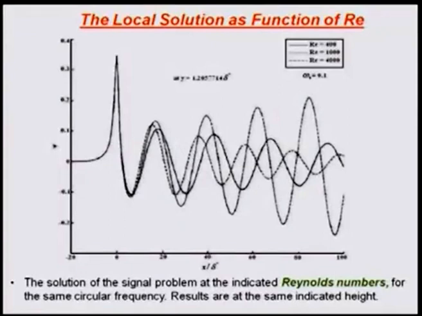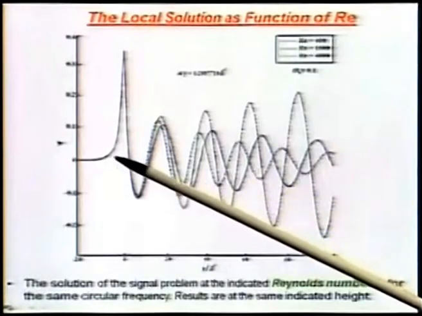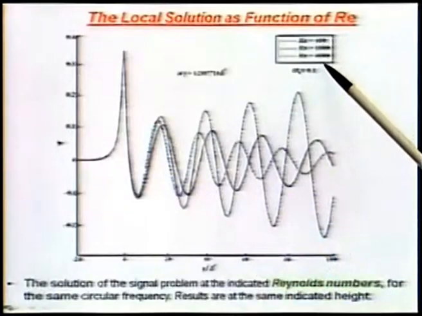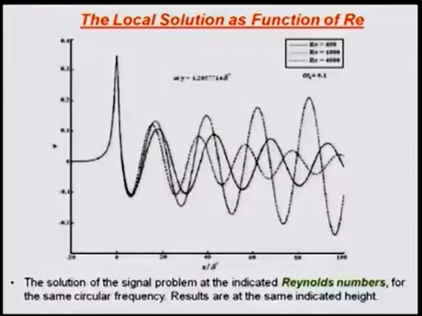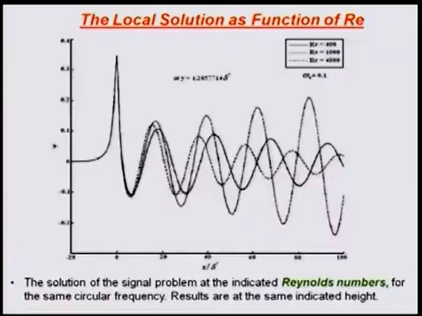Now let's talk a little bit about the property of this near field. And here what you are seeing is the response field plotted for psi as a function of x over delta star for 3 Reynolds numbers: 400, 1000 and 4000. Why did we choose these 3 numbers? For 400, what do you expect?